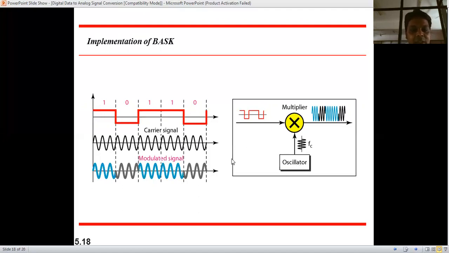Oscillator means a carrier signal which contains some frequency fc. So fc here represents the carrier frequency. These get multiplexed with each other, and the resultant analog signal is basically a multiplexing of the original digital data and the carrier frequency. So this is basically a modulated analog signal using the phase shift keying technique.